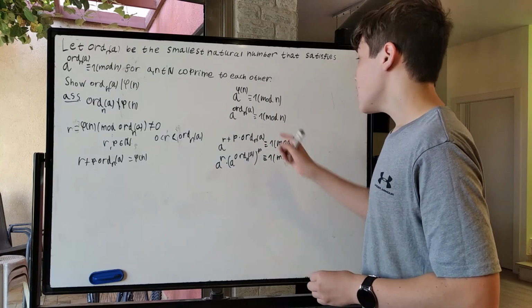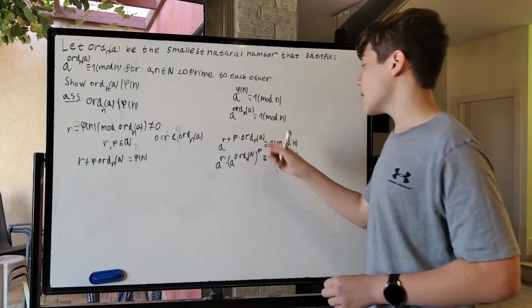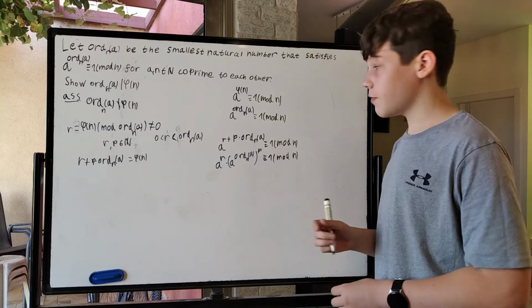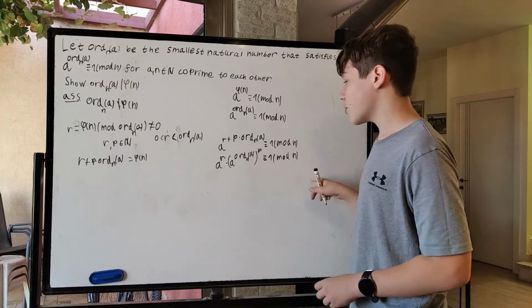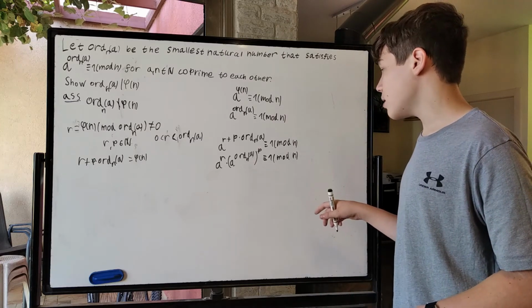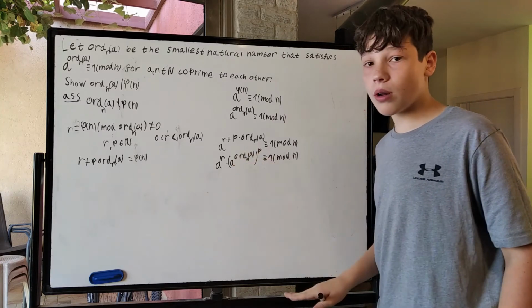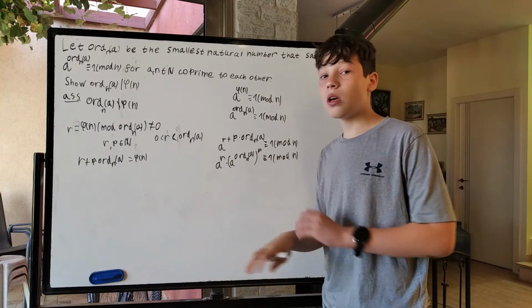But now we know a to the order a of n is congruent to 1 mod n by definition. And since this is congruent to 1 mod n, we can replace this with 1, because we're working in the world of mod n.